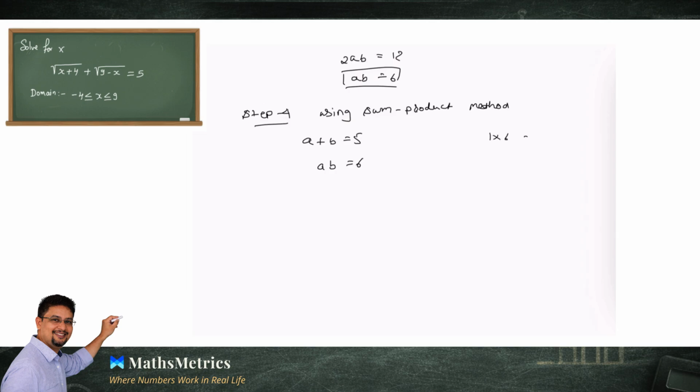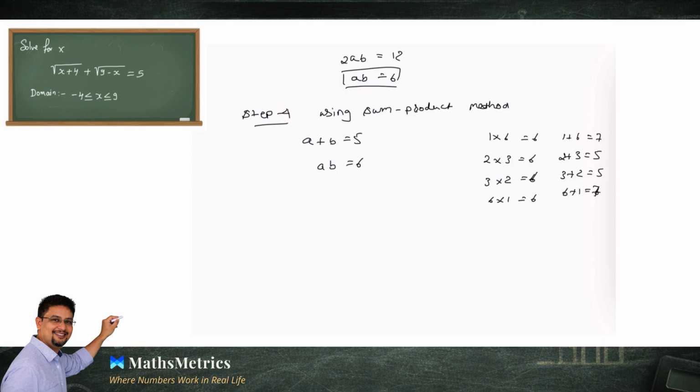Let's write it down. 1 into 6 is 6 and 2 into 3 is 6 and 3 into 2 is also 6 and 6 into 1 is 6. If I add these, 1 plus 6 is 7, 2 plus 3 is 5 and 3 plus 2 is 5, 6 plus 1 is 7.